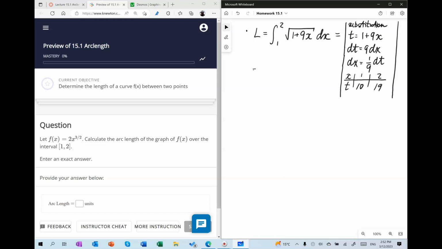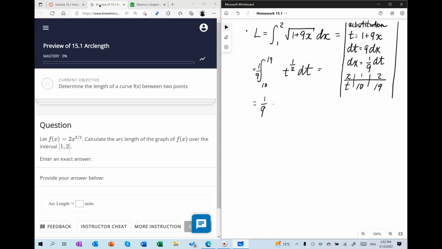And now we have an integral from 10 to 19 of square root of t dt, but we also have the 1/9, which I would like to write outside of the integral. So we are ready. What will help us is to write power 1/2 instead of the radical.